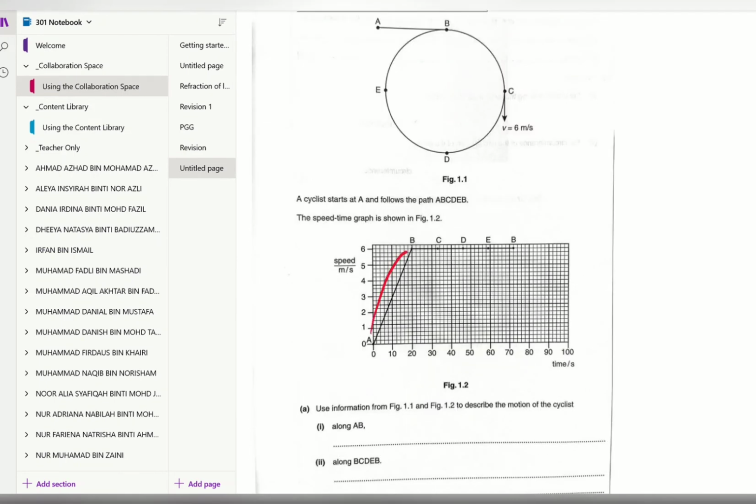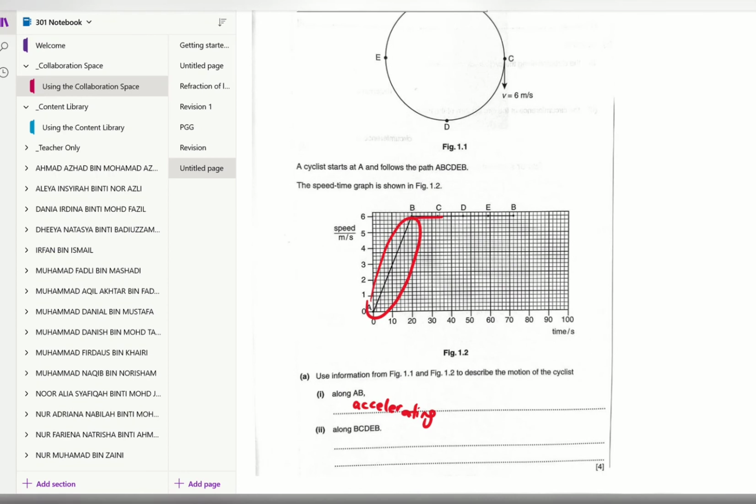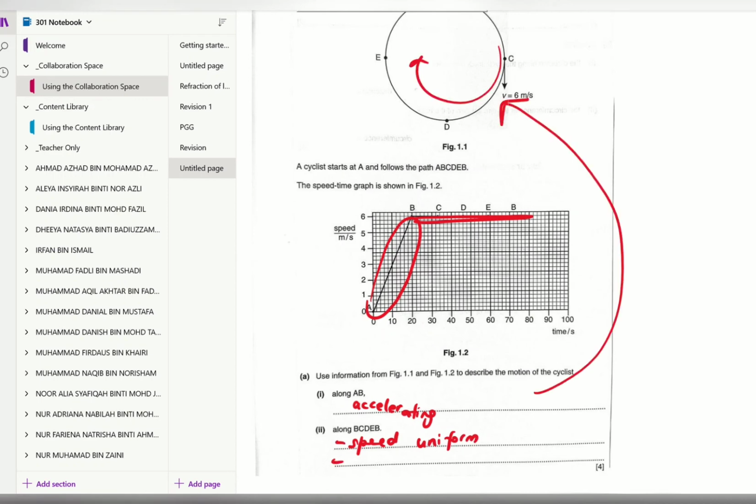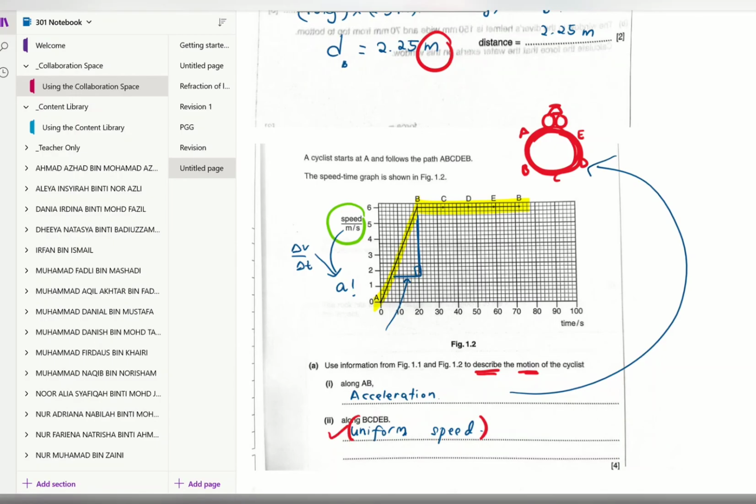Okay, just now along LB, this one. You see, accelerating. But this one, is it just now? The speed does not change. Speed is uniform. But the path is circular. So what changes? The direction changes, right? Hence we say this part.